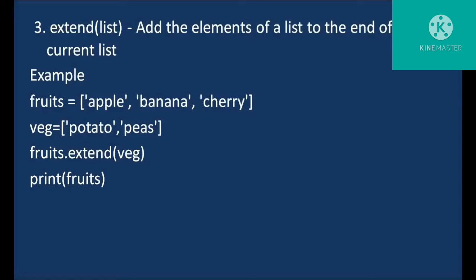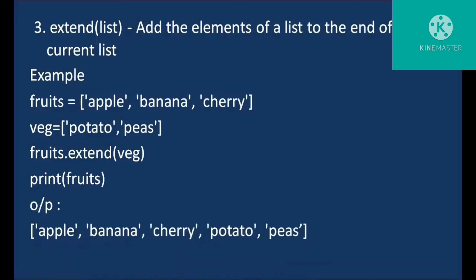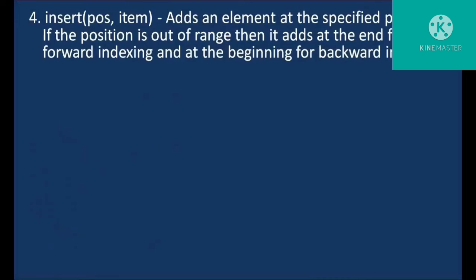So I have 2 lists here, fruits and veg, and I have said fruits.extend(veg). What does this mean? The veg list gets added to the fruits list, making it a bigger list of 5 elements. And what are the 5 elements? See here: apple, banana, cherry, potato and peas. Now, unlike the append function, the veg list doesn't get added to the fruits list as a sublist or nested list. All elements in the veg list are picked from the veg list and added to the fruits list. Is that clear?